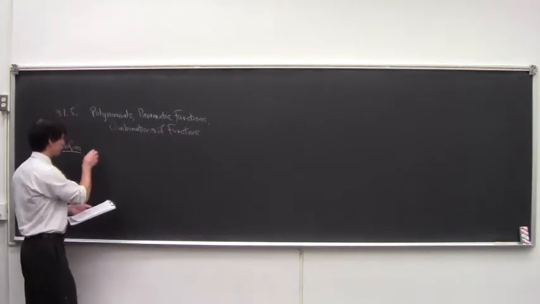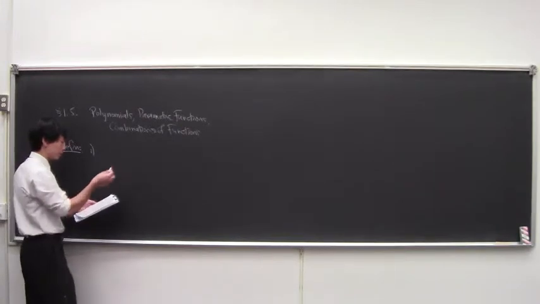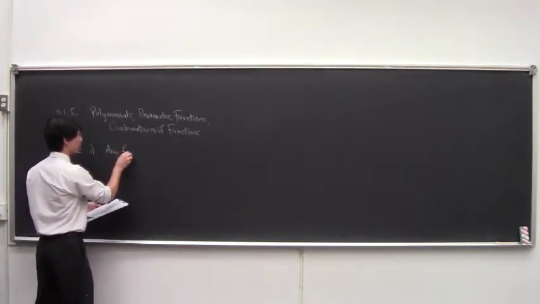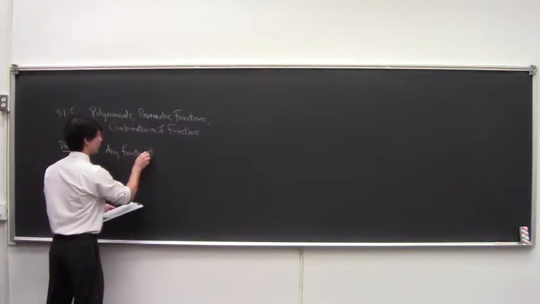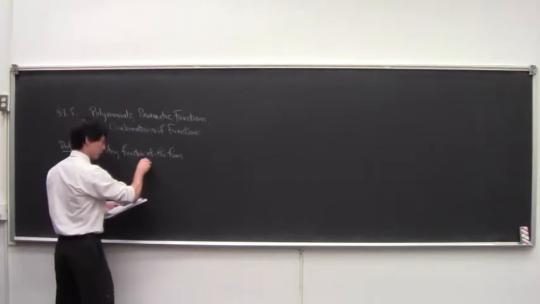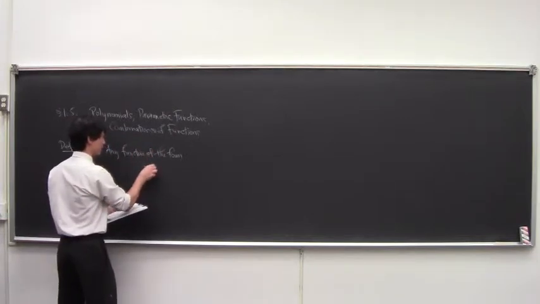So here's sort of the mathematical way that one describes a polynomial. Any function of the form f of x, I would say p of x, right? P is a polynomial.